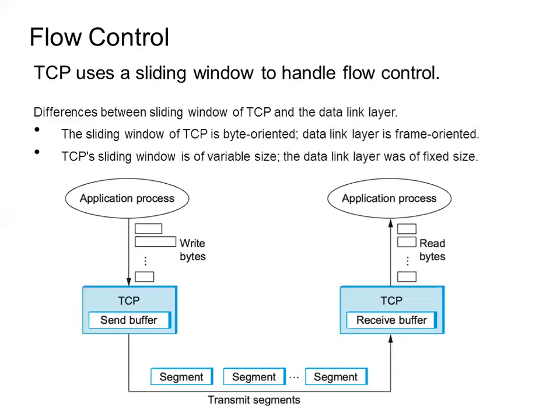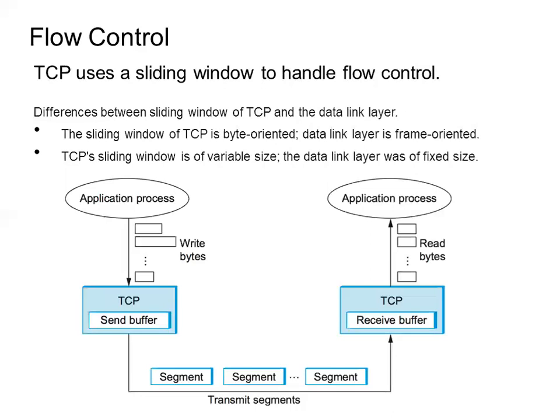Now, flow control is an important feature because if the sender does not monitor whether the intermediate nodes are able to store in their buffer, as well as whether the destination is able to store in its buffer, then there will be a lot of packet loss. And more packet loss means the sender will have to retransmit more packets.